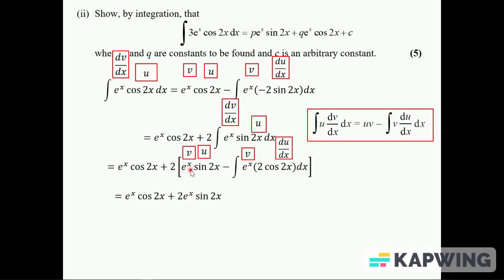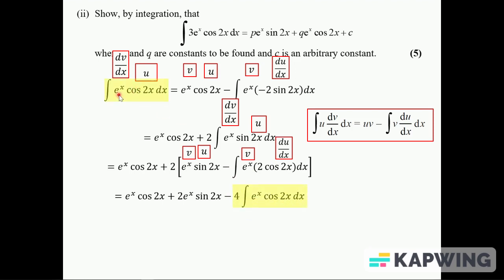So multiplying the bracket by 2, I get 2 e to the x sin 2x. The other term, well, I can take a 2 out, so it'll actually be a 4, and I've got the minus as well, so it's actually minus 4 e to the x cos 2x.